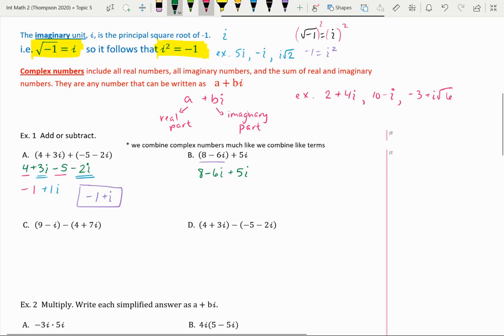And then I'm going to combine like terms. So 8, I have no other whole number, so I'm just going to have 8. And then my imaginary numbers, I've got minus 6i plus 5i, and that's going to leave me with minus 1i. So my answer is going to be 8 minus, and then instead of 1i, I'm just going to leave this as minus i.